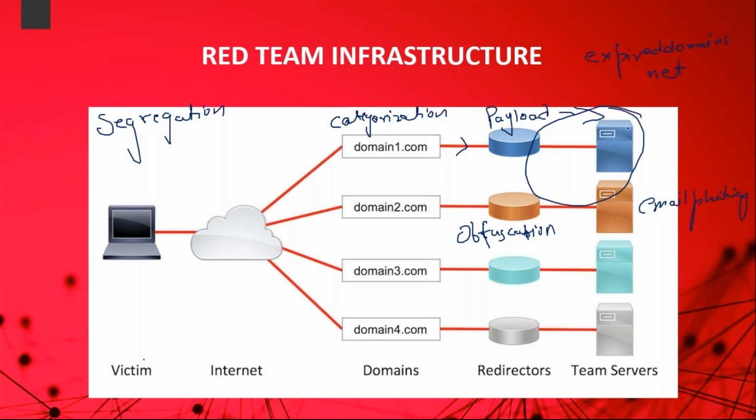So sometimes even if one of my servers gets busted, I will have the other servers, and I don't have to change the whole infrastructure. That's the main agenda behind this, right? You can say that you are trying to have redundancy, so that whatever work you are doing is not stopping, right?